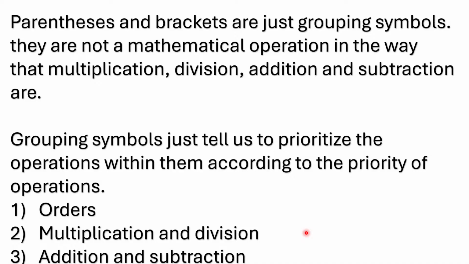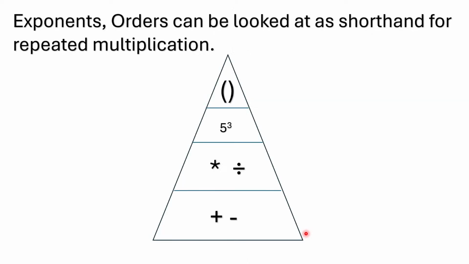Exponents or orders can be looked at as shorthand for repeated multiplication. So you've got your grouping symbols on top, then your exponents and orders, then your multiplication and division, again solved left to right, and then finally your addition and subtraction.